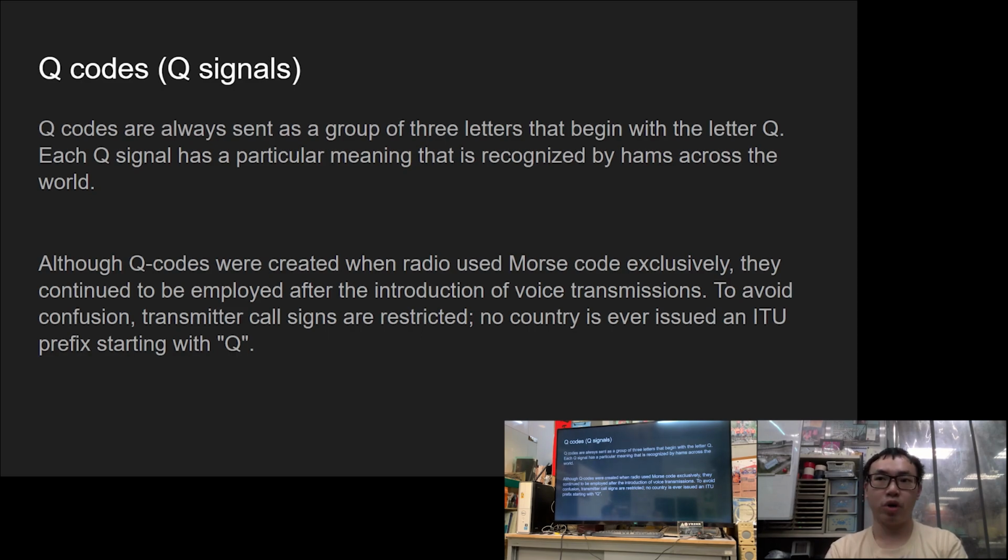It is reserved for Q codes. At first, it was used for military and also aircraft, but some Q codes have been adopted in the ham system.